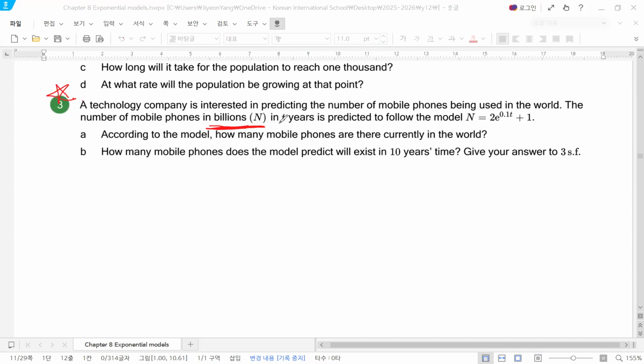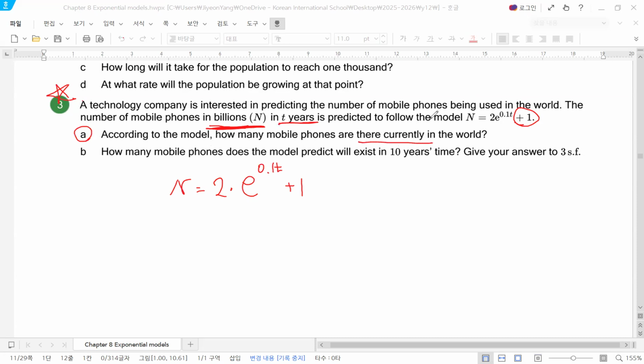In t years is predicted to follow the model n equals 2 e to the power of 0.1 t. Okay, so not like the other questions, they add plus 1, right? It's okay. Just n equals 2 times e to the power of 0.1 t plus 1. So please read the question A. According to the model, how many mobile phones are there currently?